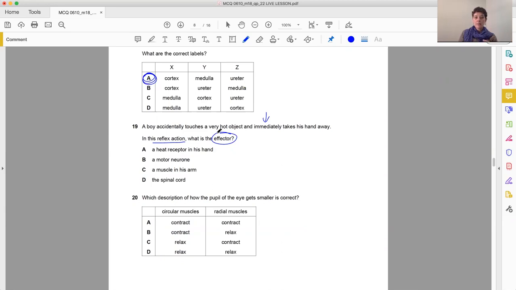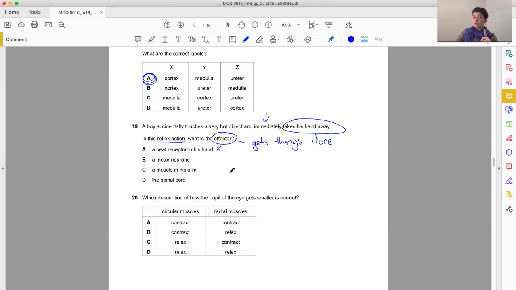And where are things happening? Which is your effector? The effector is effective. It gets things done. So when we're talking about the effector, we're saying what made this movement happen? What made the hand away movement happen? Was it a heat receptor? No, it wasn't. Was it a motor neuron?